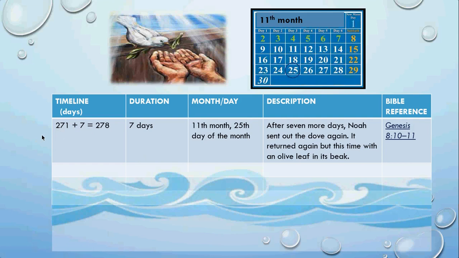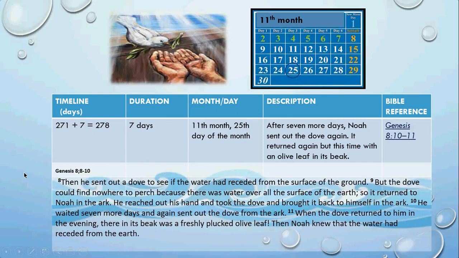And our month is the 11th month, the 25th day of the month. So after 7 more days, Noah sent out the dove again. It returned again, but this time with an olive leaf in its beak. Genesis 8:8 through 10: Then he sent out a dove to see if the water had receded from the surface of the ground. But the dove could find nowhere to perch because there was water over all the surface of the earth.